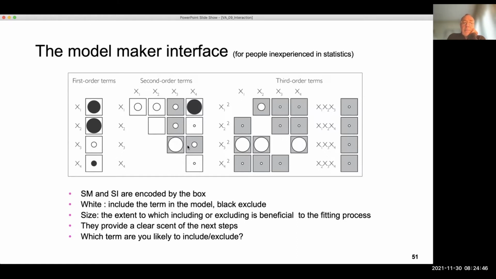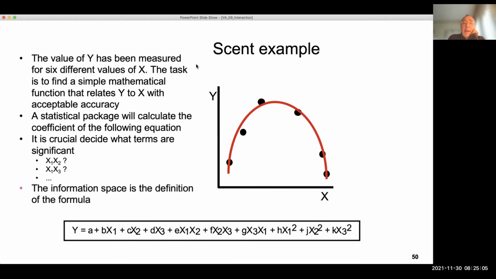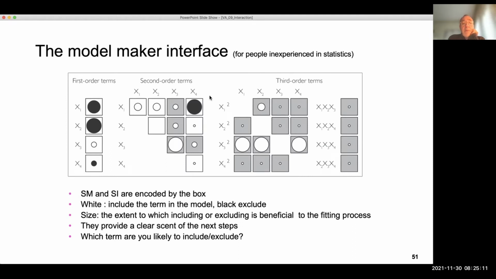And the size of the circle is encoding the benefit, the improvement of the formula that you can have either including a term or excluding a term. So in this way, basically, we are trying to encode the scent in the interface. Everything is here. You know what to do, single interaction, single movement, and the size of the circle is a simple cue about the utility of this step.